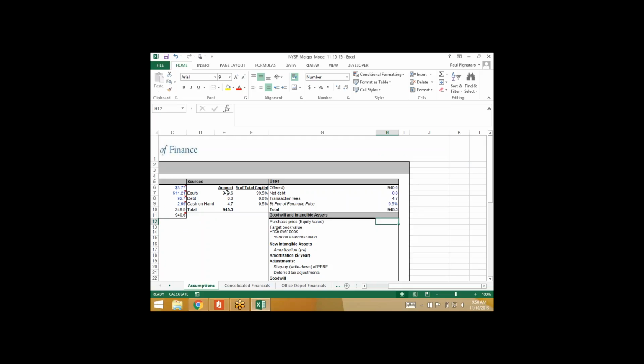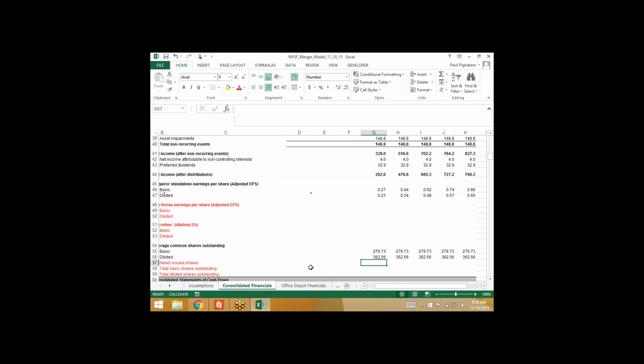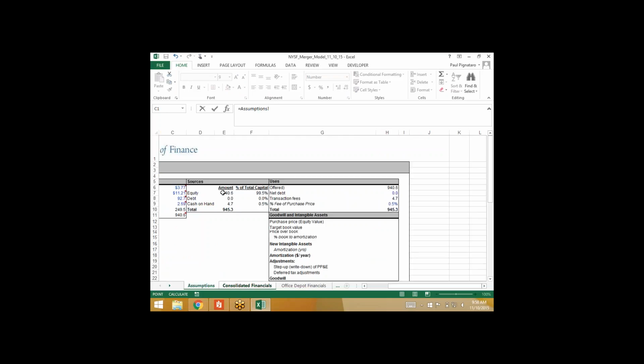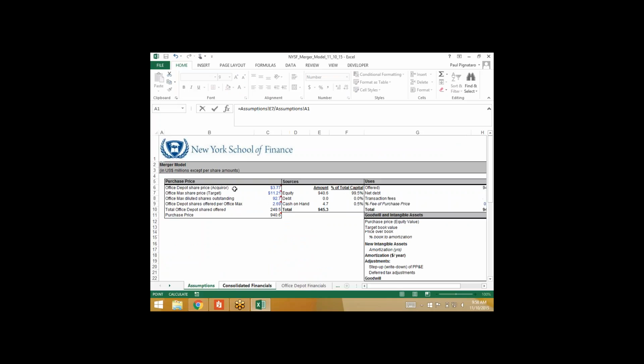But because we have calculated the stock swap in a different way, it's actually going to come out to be 249.5. So you could have pulled in the 249.5. But to be consistent and to make it easier, the way we always calculate the number of issued shares is going to be equal to, on the assumptions tab, the equity raised divided by the acquired stock price.